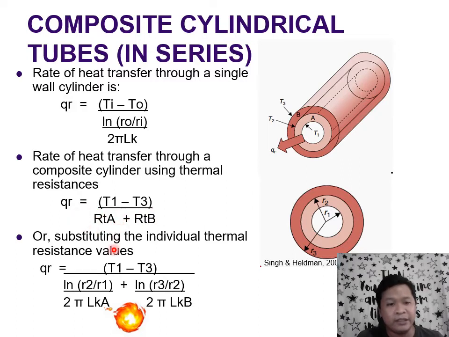And although in this case, the thermal resistance would be equated to ln radius 2 over radius 1, 2 pi lka, ln radius 3 over radius 2, 2 pi lkb. So, assuming, of course, na may mga radii ka dyan. So, you just have to be careful kung anong set ng mga radii or radiuses yung gagamitin mo, and that you are using the radius and you account for the thickness as being added directly to the radius, no? As with the case kanina.